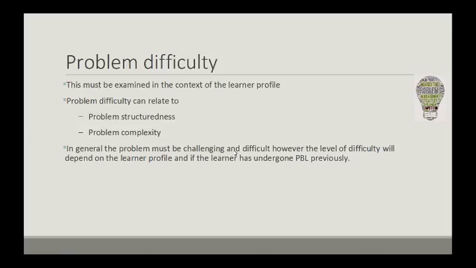However, the level of difficulty will depend on the learner profile and if they had undergone the problem-based learning process previously. An example of a problem: how can we develop new business opportunities? New business opportunities could have a number of different elements, such as the needs of the customer, the market constraints in which you're operating, the customer behaviour or the buying behaviour of the customer, the distribution channels in which you may offer the product for sale.